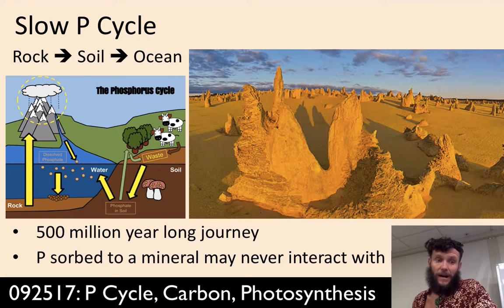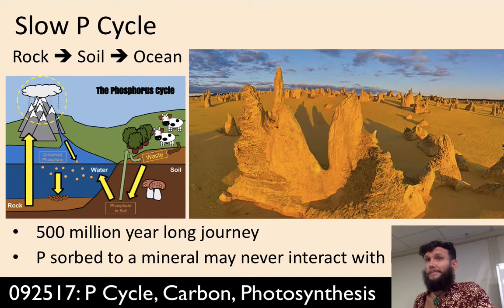It can take upwards of 500 million years between when the phosphorus originally sediments and then when it emerges and is washed back into the environment. All right, so that's 500 million years. Life has only been on the planet for a couple billion years, or 4 billion, I guess. 3.5 billion was the banded iron formation.